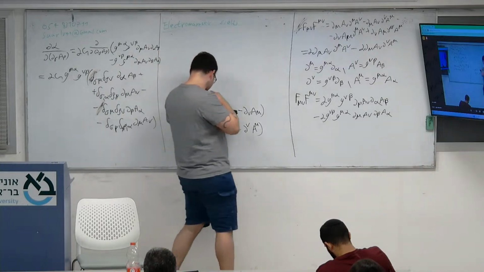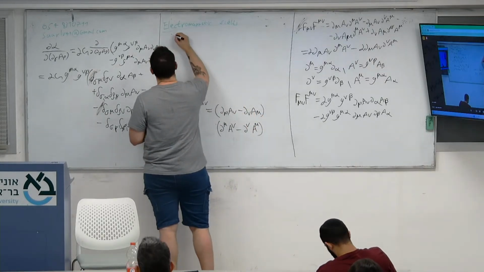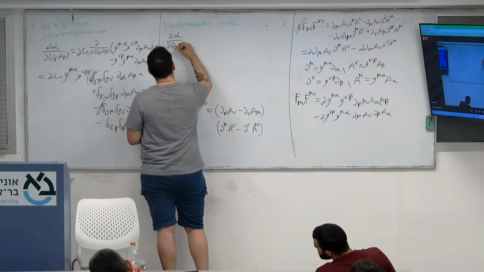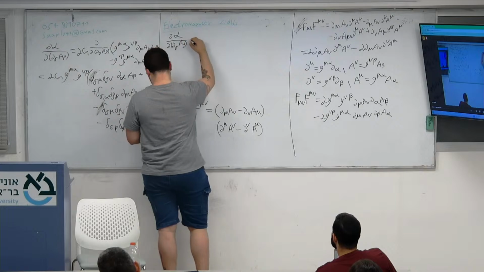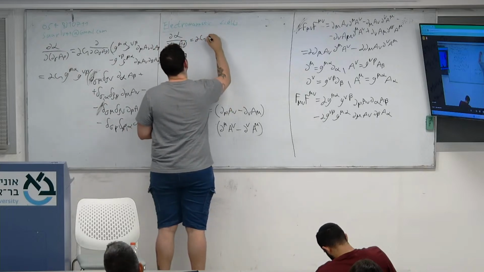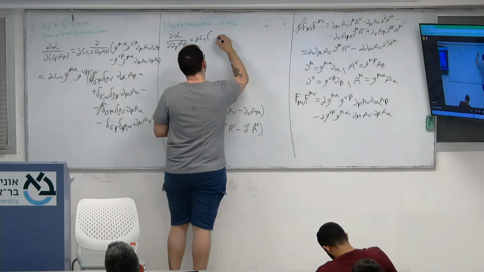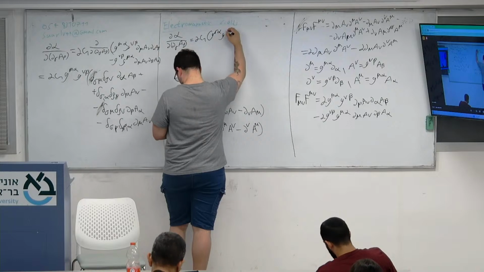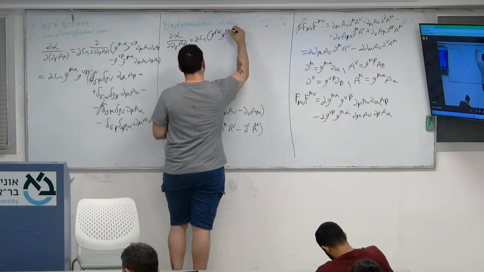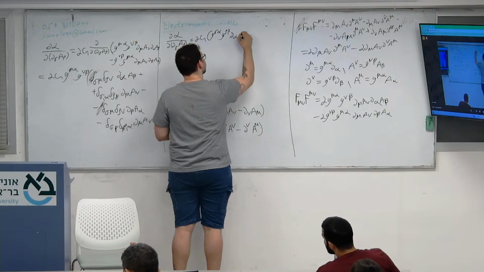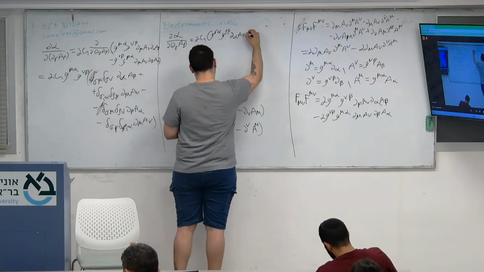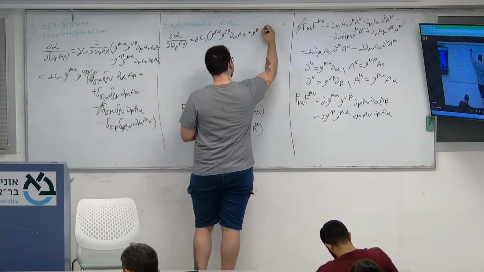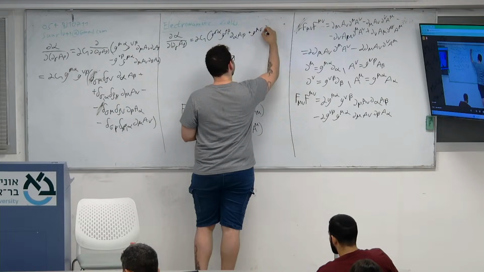To use the deltas, we get equal to C1 G beta alpha beta plus G mu G.